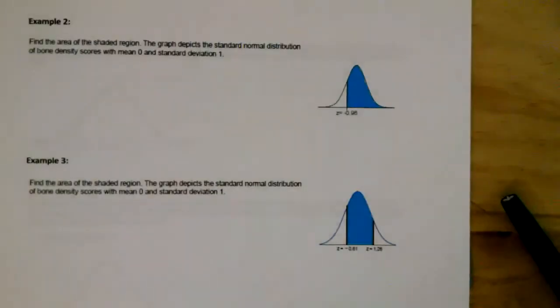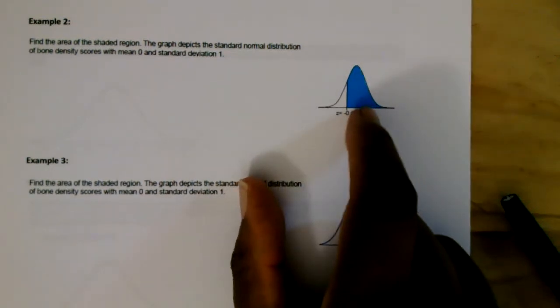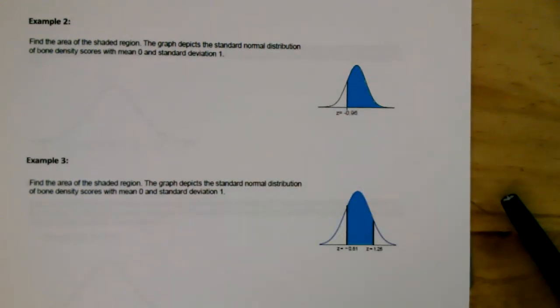Okay, now on the next page is another example. This time we're looking for the cumulative area on the right-hand side. You see that shaded area on the right side? That's the area we're trying to find. This graph also depicts the standard normal distribution of bone density scores with a mean of 0 and a standard deviation of 1.